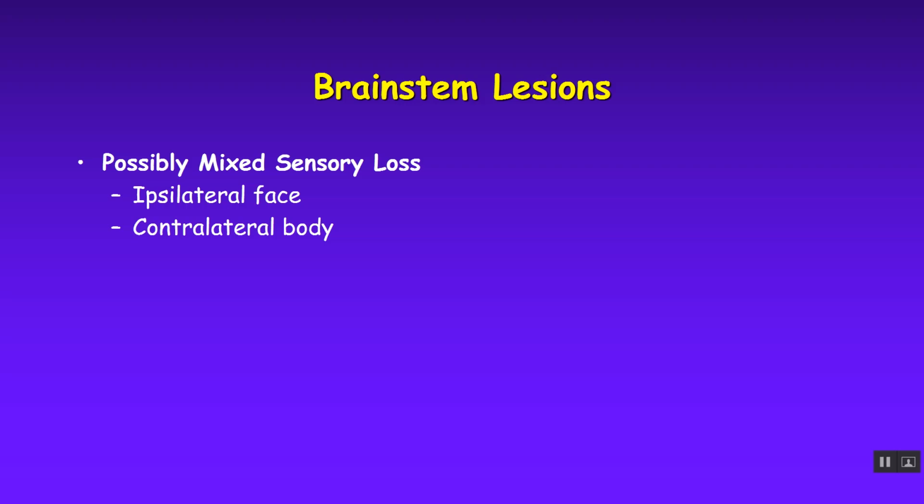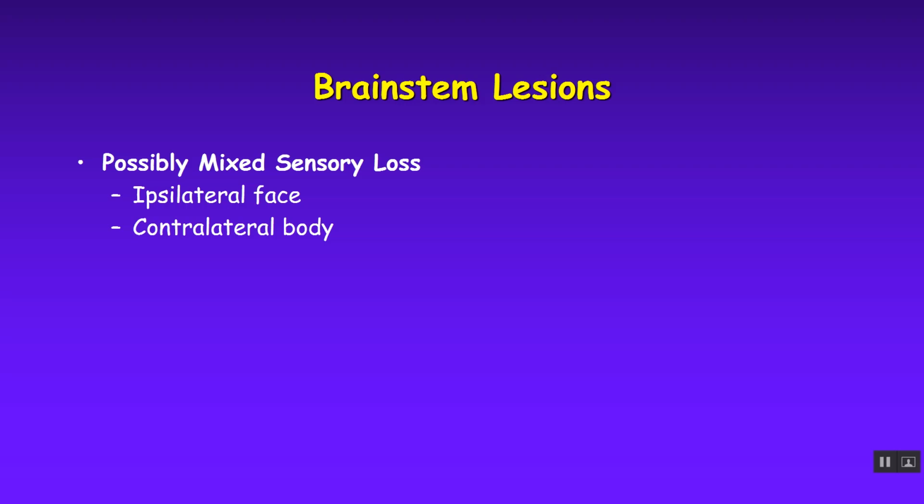That's the only place that you can cause the left side of your face and the opposite side of your body to have problems at the same time. That's just a very indicative symptom that they have a brainstem lesion. We're not even going to go about where exactly in the brainstem that is yet, because usually there's other signs or symptoms that will then tell you, is it in the medulla, pons, or midbrain, okay?